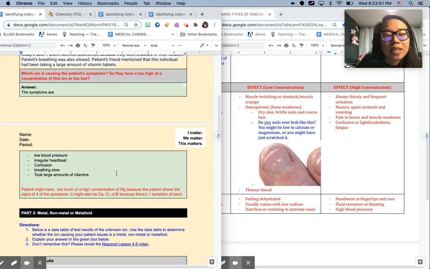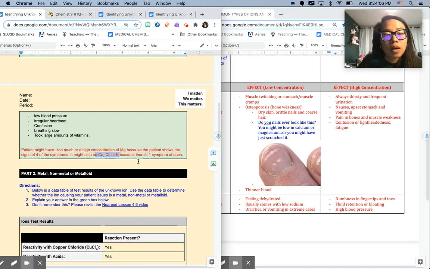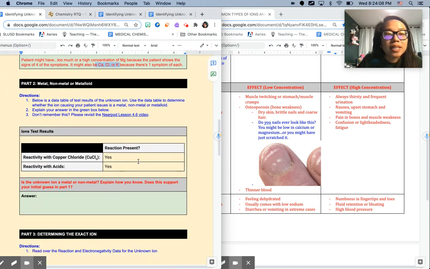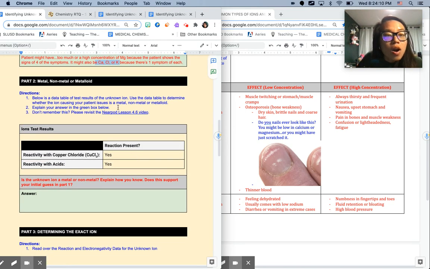We're just looking at the symptoms to try to guess at which ones of the 5 it could be. So we've narrowed it down to maybe these 3, but again, we're not really sure. So let's move on to part 2 to help us narrow this down even more. In part 2, I've listed a data table for you to test the results of an unknown ion.